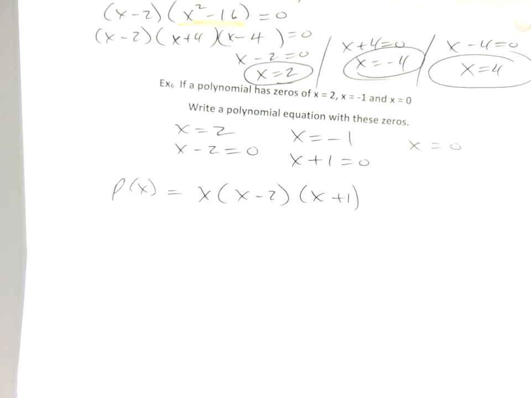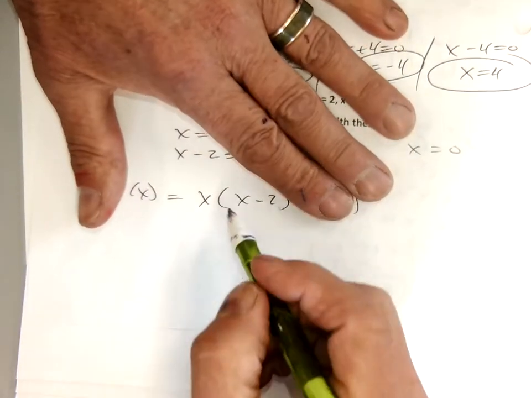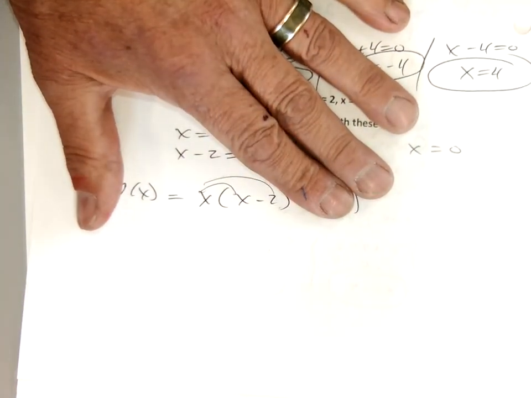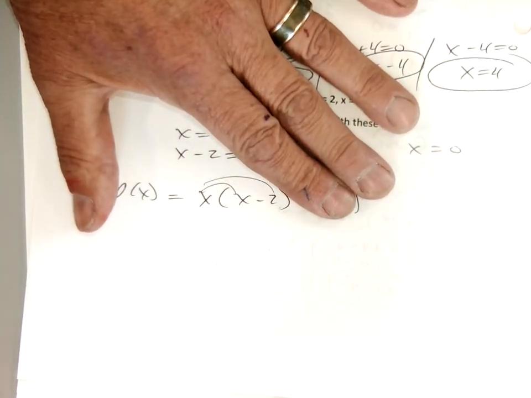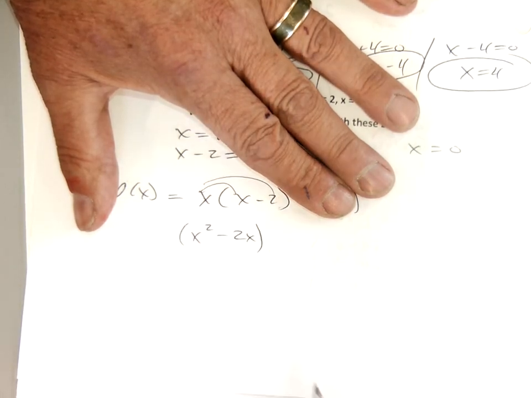Let's multiply it out and make it look like a polynomial, okay? So how do you multiply something this big out? Well, the first thing I would do is ignore this for a second. I'm just going to go that times that, which is going to give me x squared minus 2x, okay?